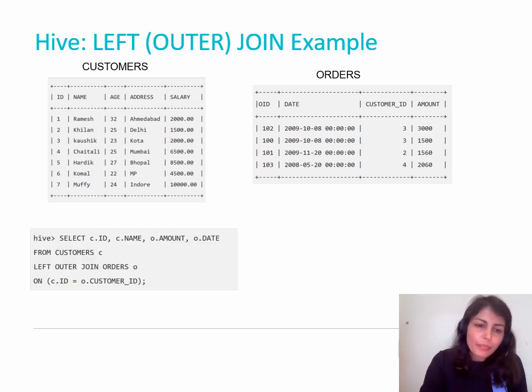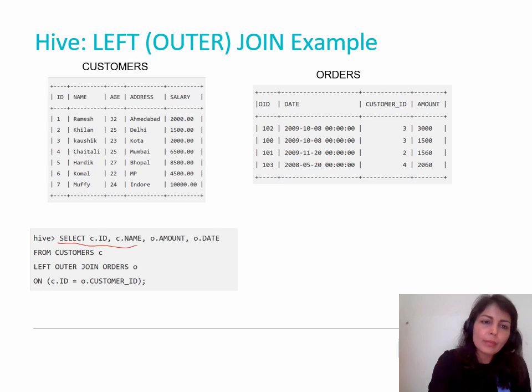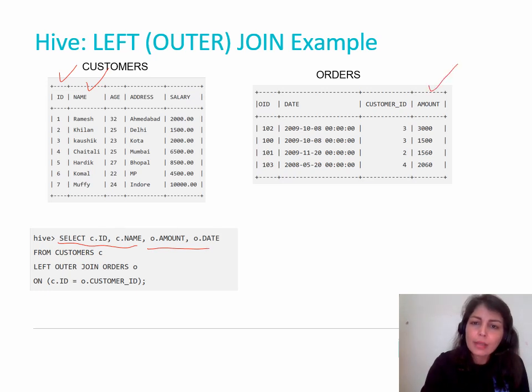Okay, as you can see, we first select the columns. You know the C means customers table and O means orders table as we define here. Okay, so select from customers table, we select ID and name, these 2 columns, and from orders table, we select amount and date. So from customers, it's called C, left outer join.